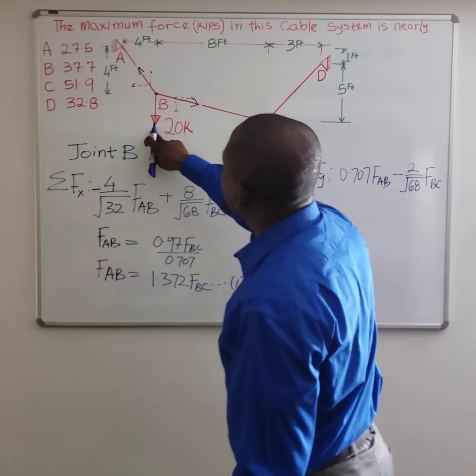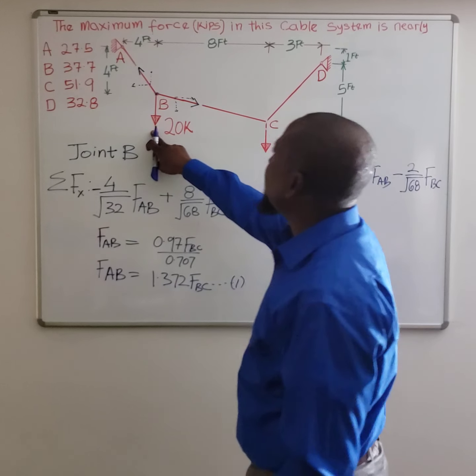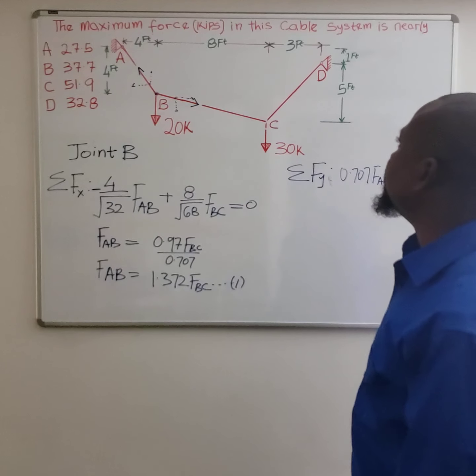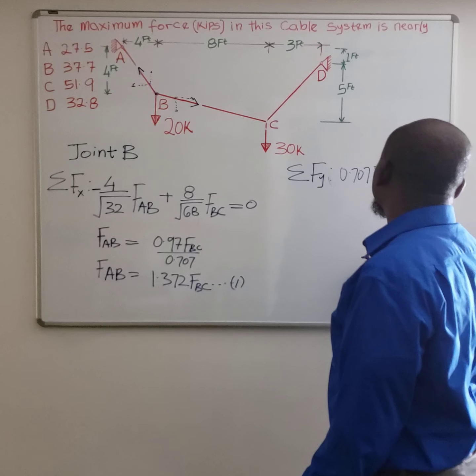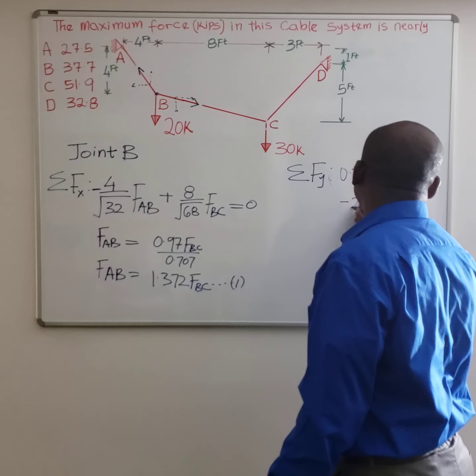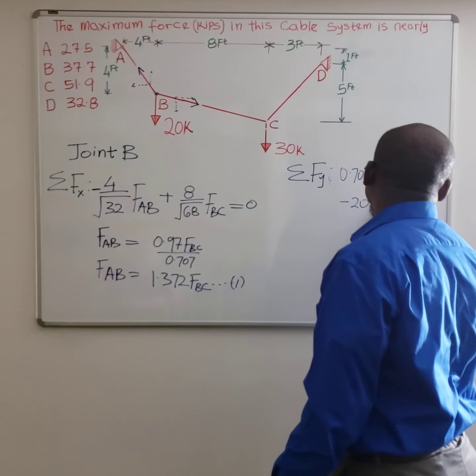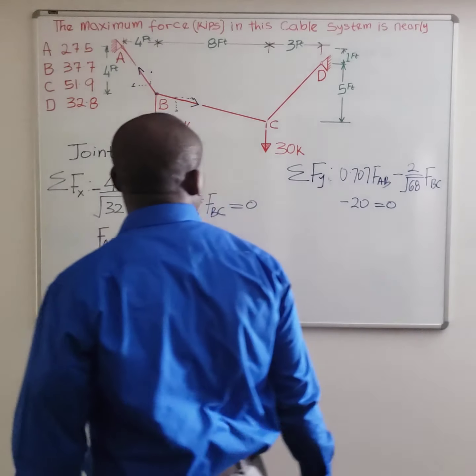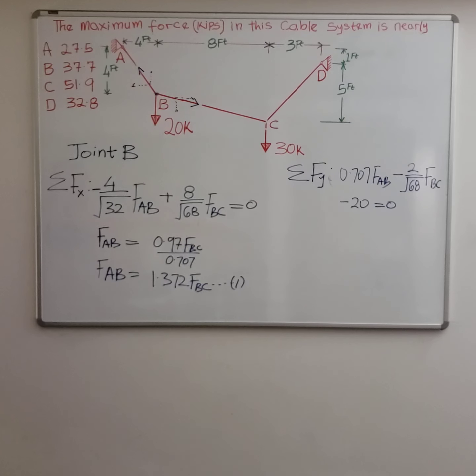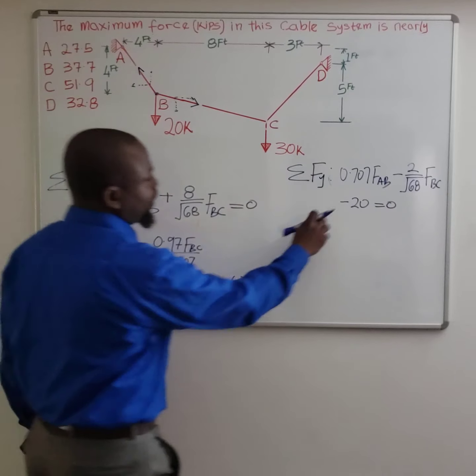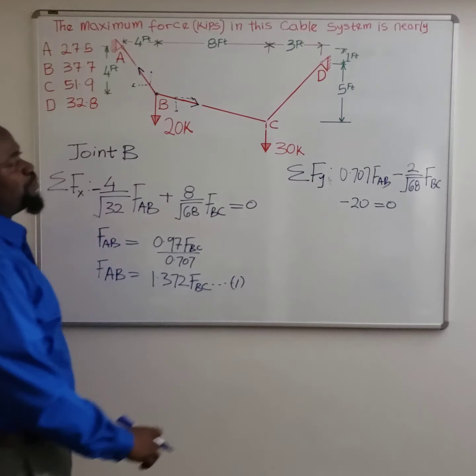And then we have one applied force at joint B, and it's 20 kips, and it's negative. So negative 20. Everything becomes 0. So when you simplify that, this whole thing is one single line, but because of space.